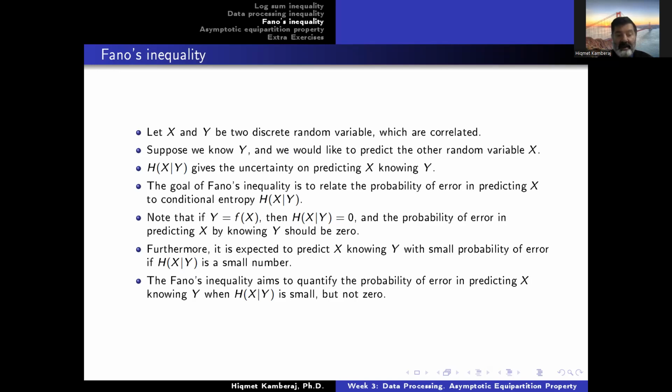Furthermore, it is expected that we can predict X knowing Y with a small probability of error if the entropy of X given Y is a small number, but nevertheless non-zero. Fano's inequality aims to quantify the probability of error in predicting X knowing Y when the conditional entropy of X given Y is small, but still non-zero.